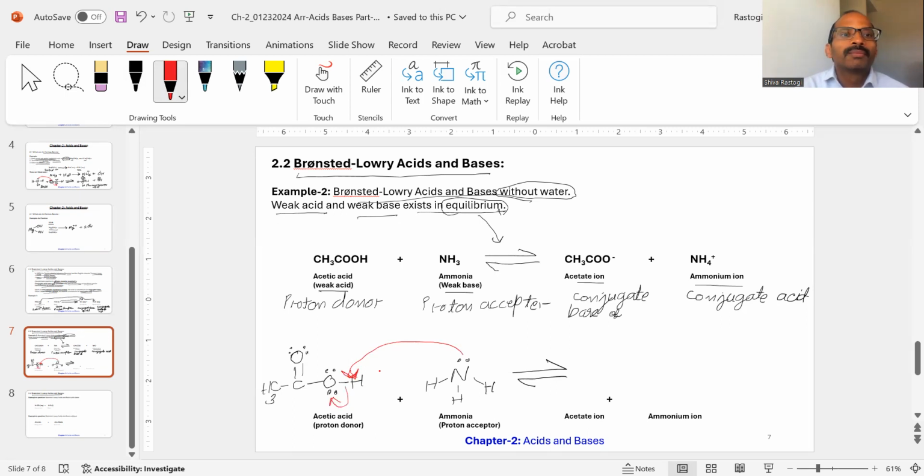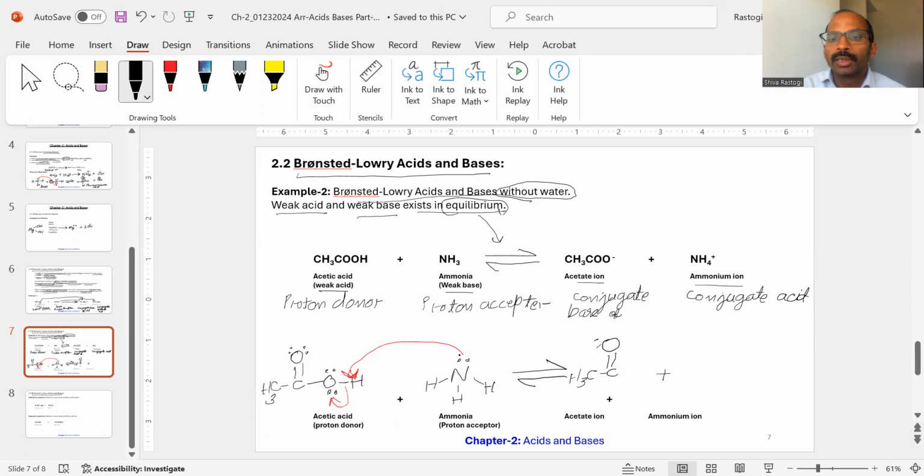In this way, a new species forms, which is the acetate ion, H3C-COO minus, and plus, we can draw it in exactly the same way: H3C, carbon double bond oxygen.